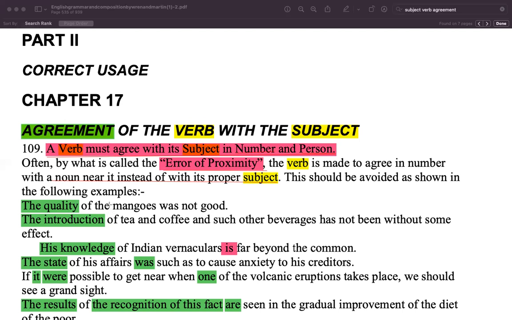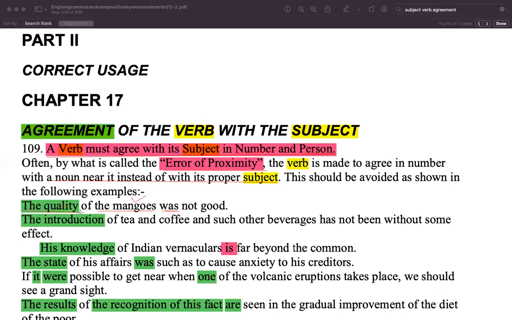Let's see a couple of examples that have been pointed out. The quality of the mangoes was not good. Now here the nearness is called mangoes, which is plural. Why? Because the subject is not mango. The subject is the quality.